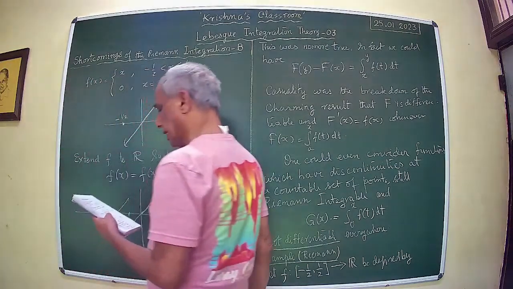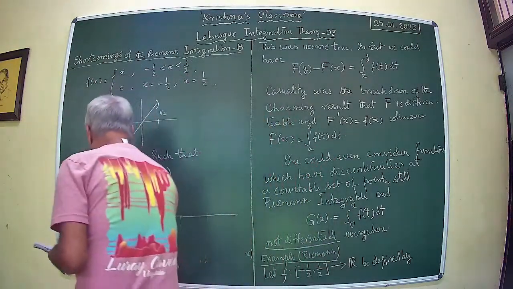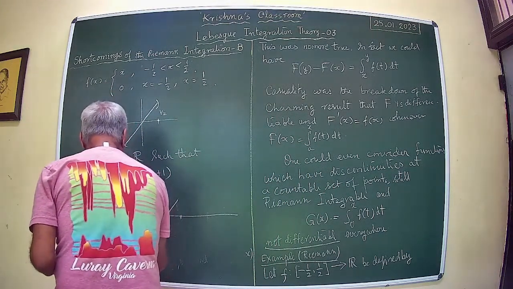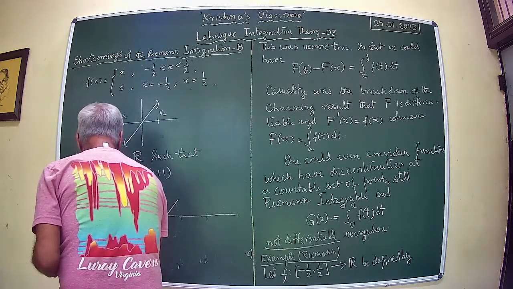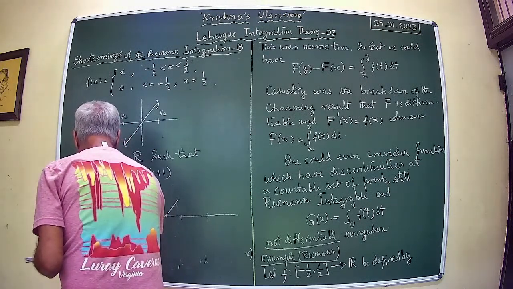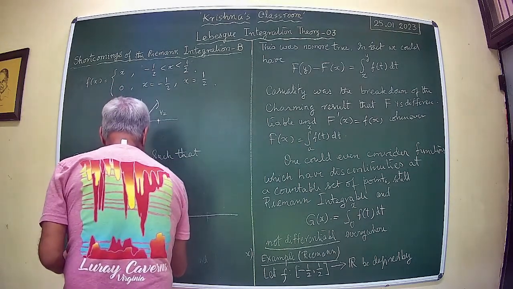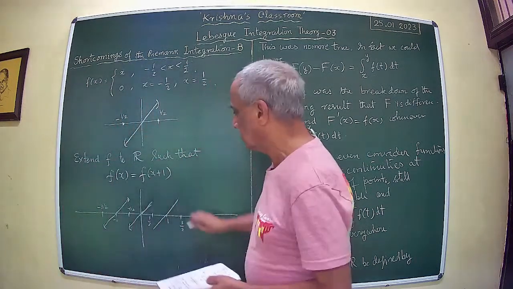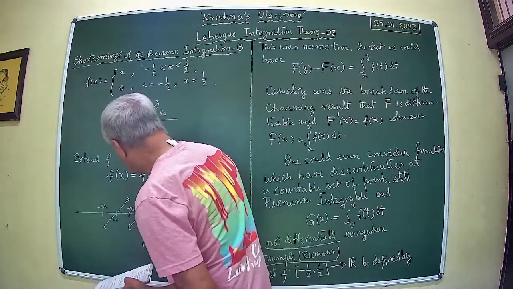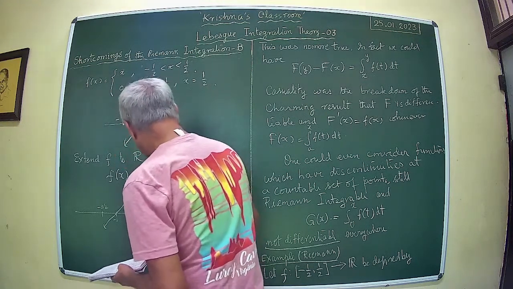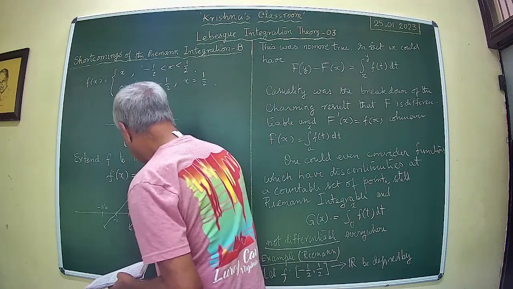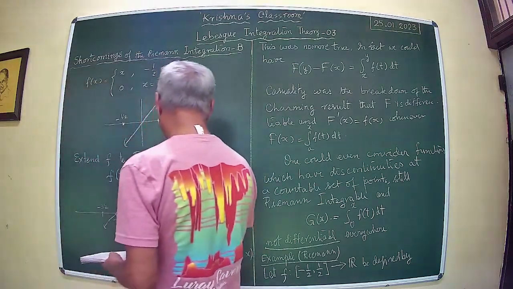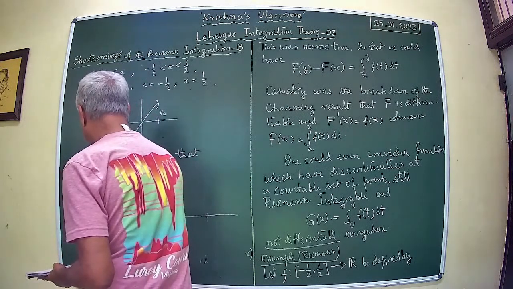And so on. So you have a function defined like this: at the points minus half, minus 1, minus 3 by 2, and here it is half, 1, etc. At these points, minus 3 by 2, minus half, half, 3 by 2, etc., the function takes the value 0.